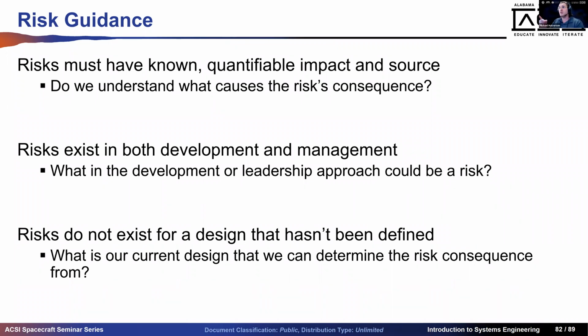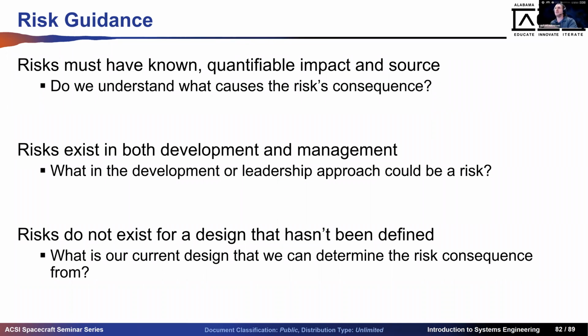Or if one person knows too much in an organization, they're an information silo. That's a risk. But the consequence is not the risk. That's a design flaw. You need to get that person to share more information. So you can't have a risk for a design that hasn't been defined. You can't say, well, we don't know what the design's going to be, ergo that's a risk. No, it's not. Don't do that.